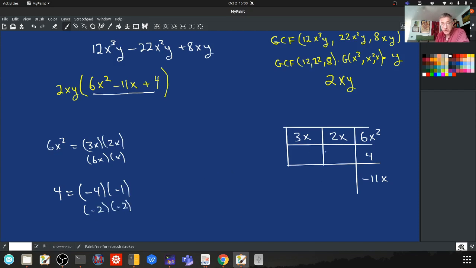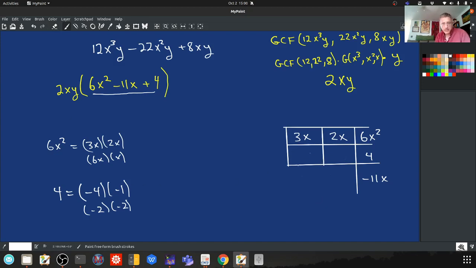Let's just do minus 2 and minus 2. That's going to give me minus 6x minus 4x, and that's minus 10x. So that's not going to work. And there's no sense in changing the order of minus 2 and minus 2 because it's the same.